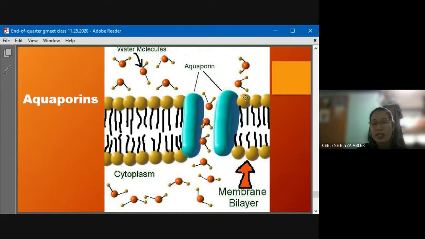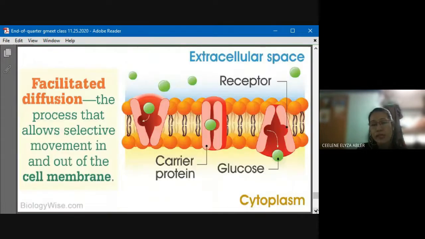The water is allowed inside and out of the cell. Madali lang sila makapasok because of the aquaporins, which is a channel protein. Remember, channel tunnels. Okay, they are tunnel-like na membrane proteins and channel proteins. So, they allow the water molecules to move in and out of the cell quite faster. Remember, water has high permeability. Medyo high na permeability siya.